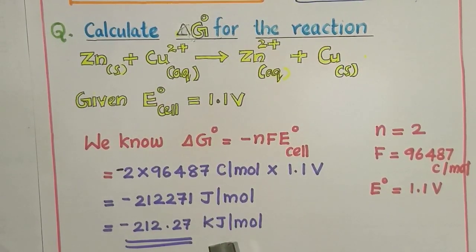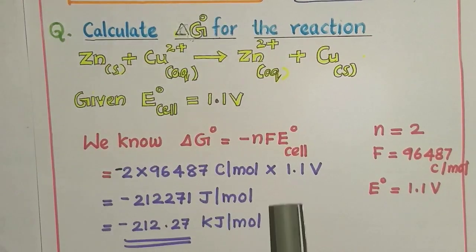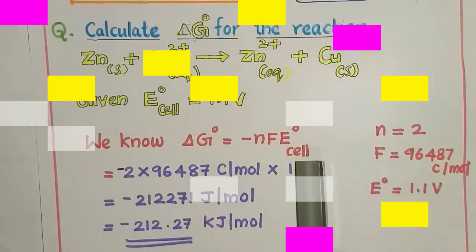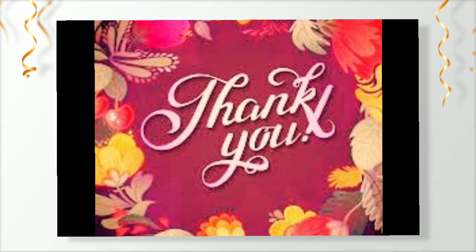It is converted into kilojoule by dividing by 1000, then we get the value minus 212.27 kilojoule per mole. So this is an important equation. Delta G is equal to minus nF E0 cell. So today's class is over. Thank you.